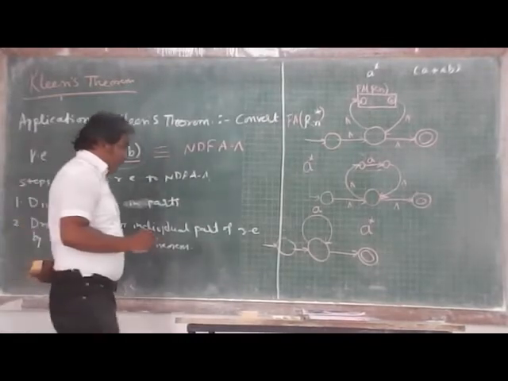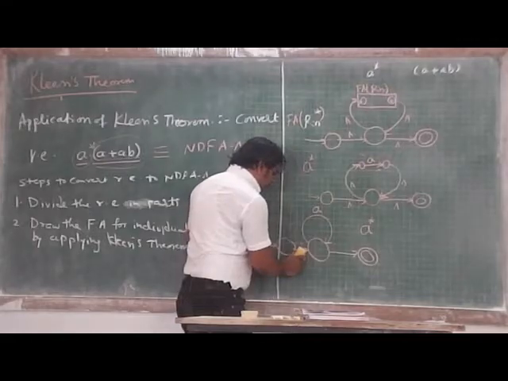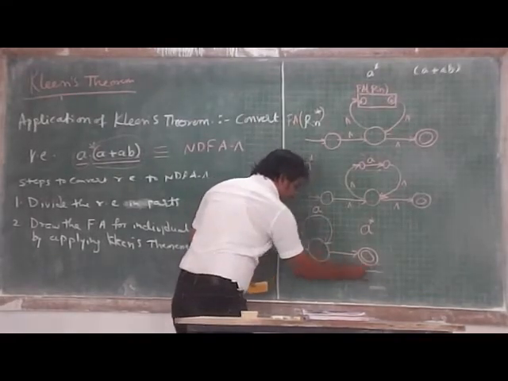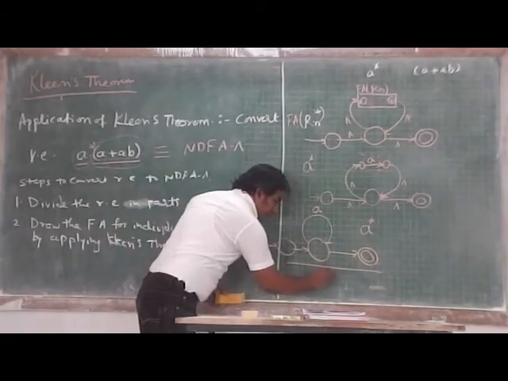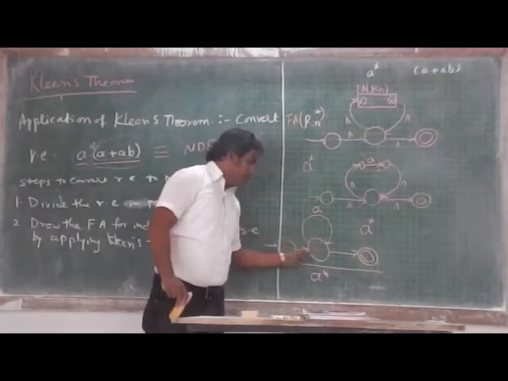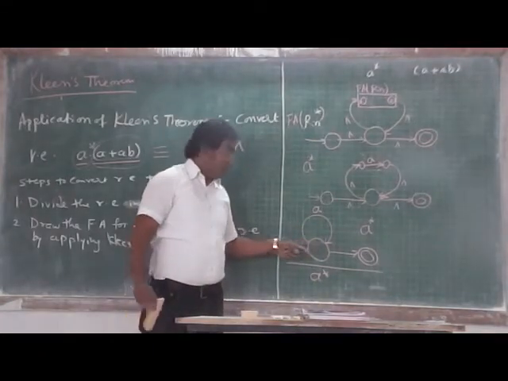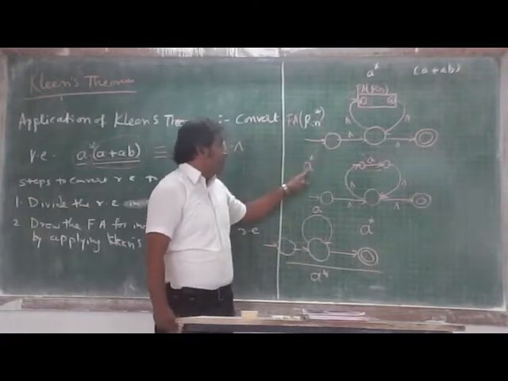So again, I consider this, at this moment, to be the finite automata for A star. In a further step, we will see how to minimize this again. So this is an equivalent finite automata for the regular expression A star.